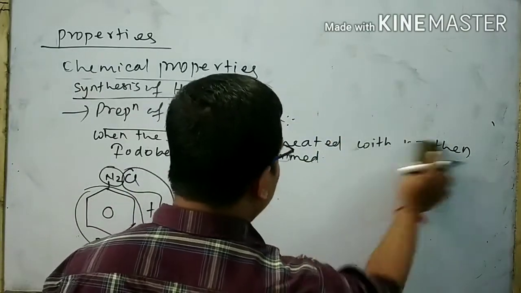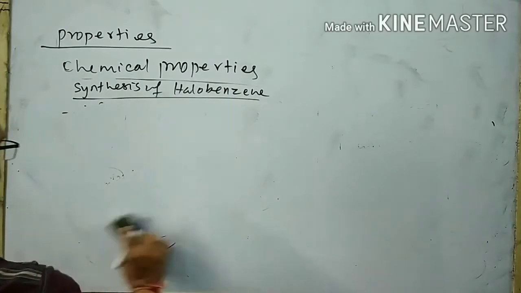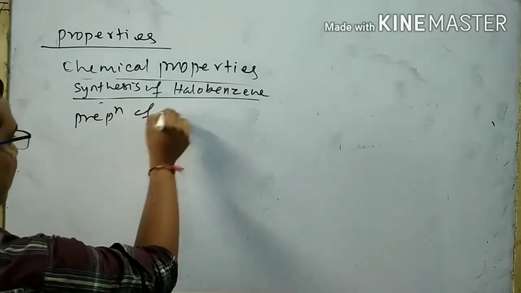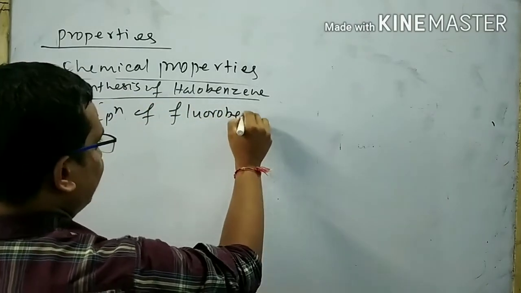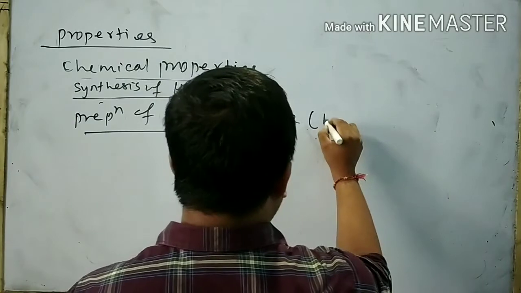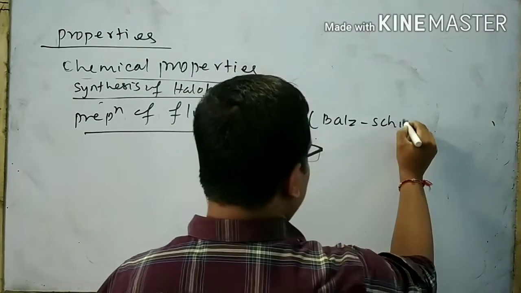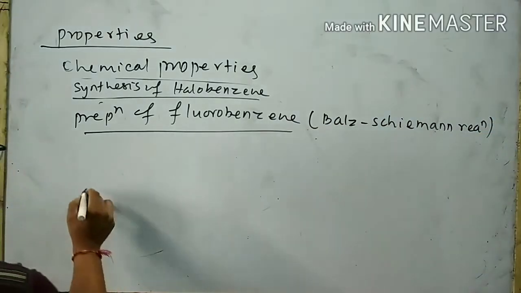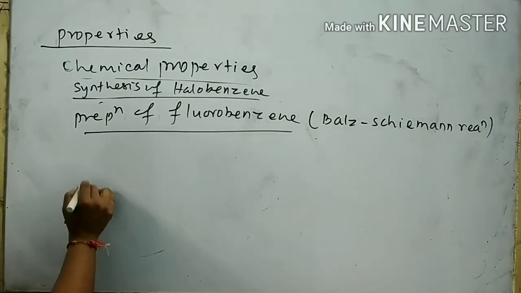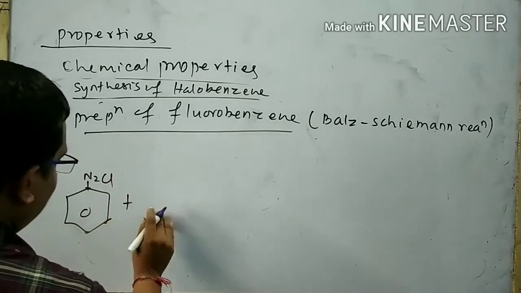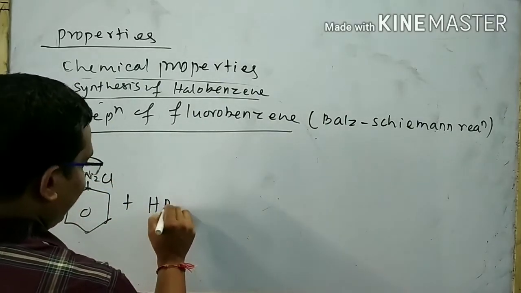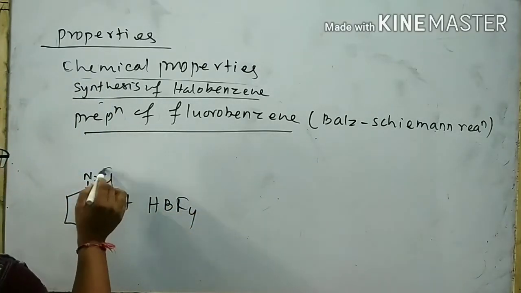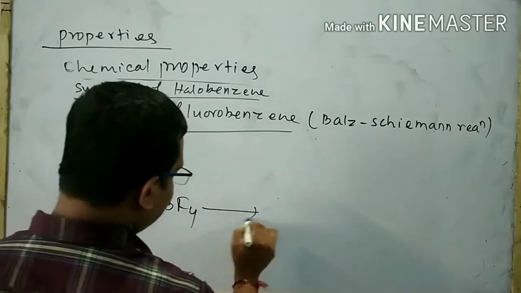Next I will discuss the preparation of fluorobenzene. Preparation of fluorobenzene is done with the help of Balz-Schiemann reaction. In this reaction, BTC is subjected to reaction with the fluoroboric acid. This is your fluoroboric acid. Then there is a removal of HCl molecule.